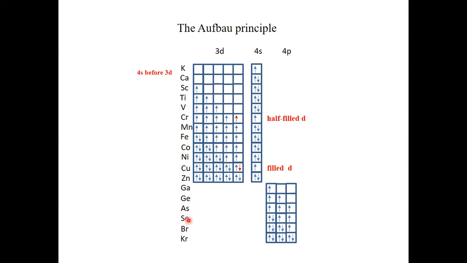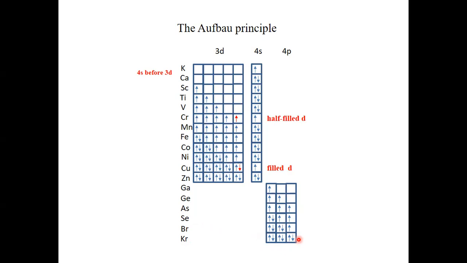So for the selenium, we would have 1 set of paired electrons. For the bromine, we would have 2. And for the krypton, then all p orbitals would be filled. We would have filled now the entire fourth shell, okay, which would again represent the noble gas electron configuration.